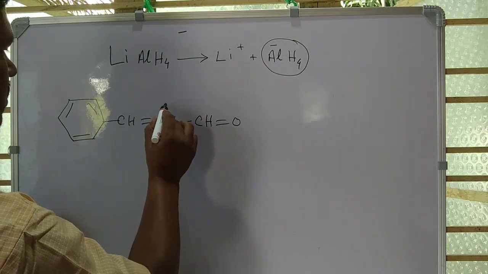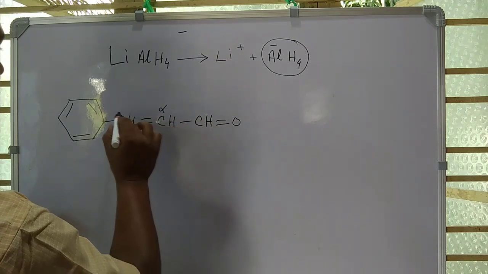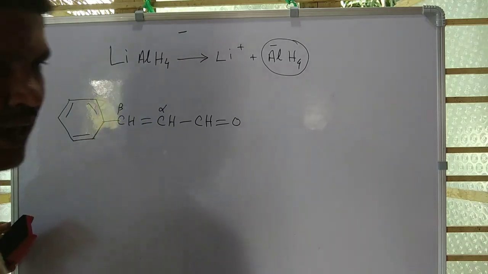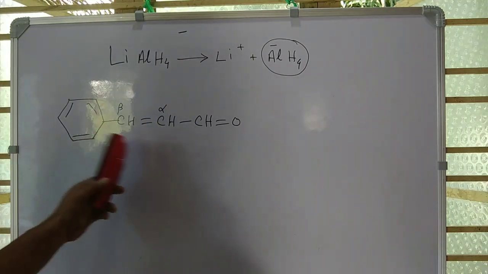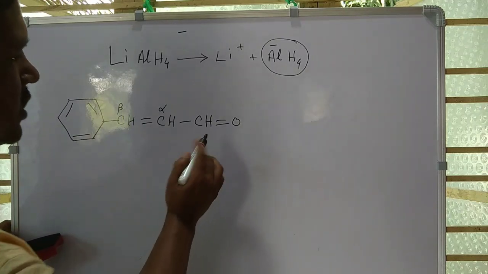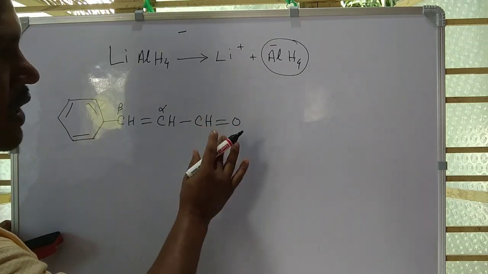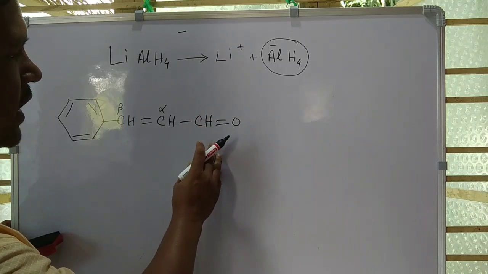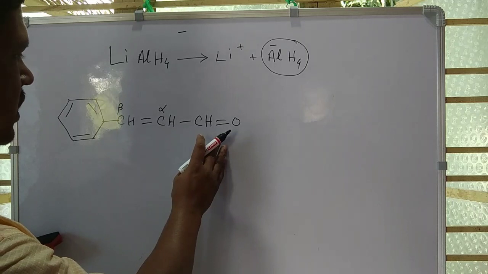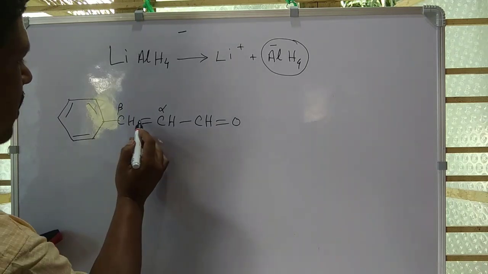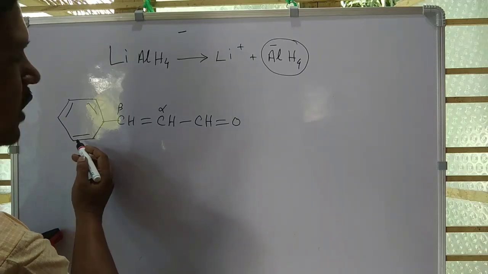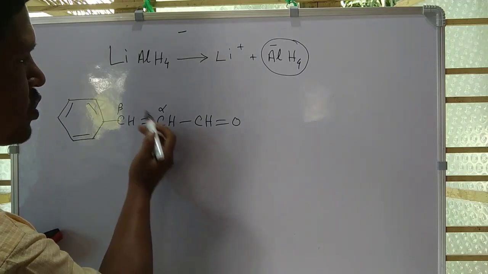This is the alpha beta carbon. This is a beta aryl alpha beta unsaturated aldehyde. Here lithium aluminum hydride acts on this functional group. Lithium aluminum hydride or sodium borohydride generally reduce aldehyde, keto, etc. functional groups. But this C=C double bond is conjugated with the aldehyde as well as this phenyl group. So this double bond is also reactive.